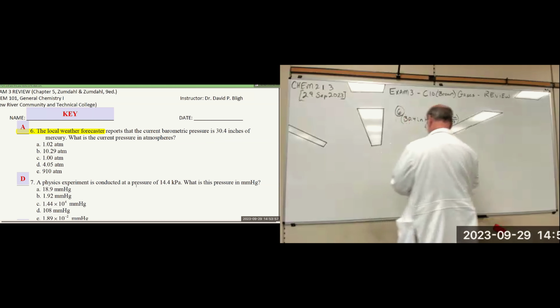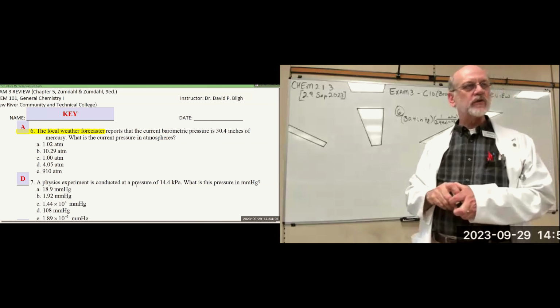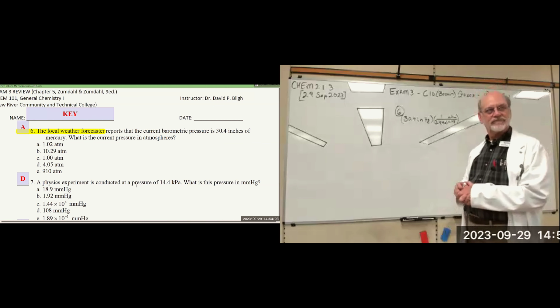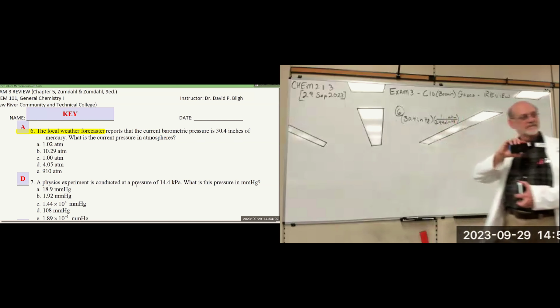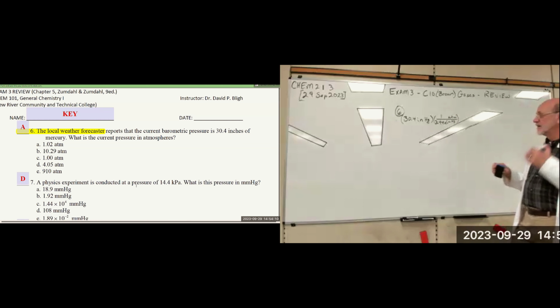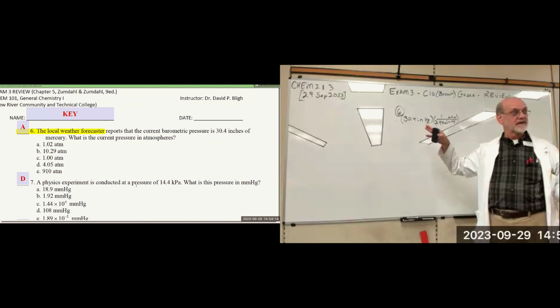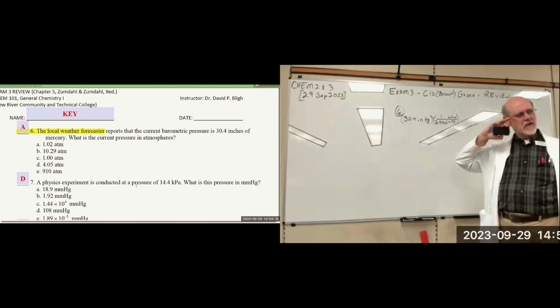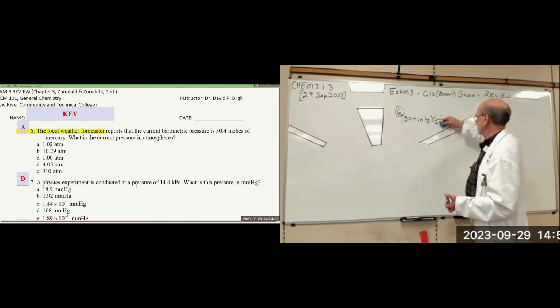Oh, okay. So it's going to be a little over 1, right? 1.02 in this case. If you divide 30 by 29, it's going to be more than 1, isn't it? Oh, I was about to say, I think I saw it was 29. I don't think it was 1 something. Yeah, 29.92.